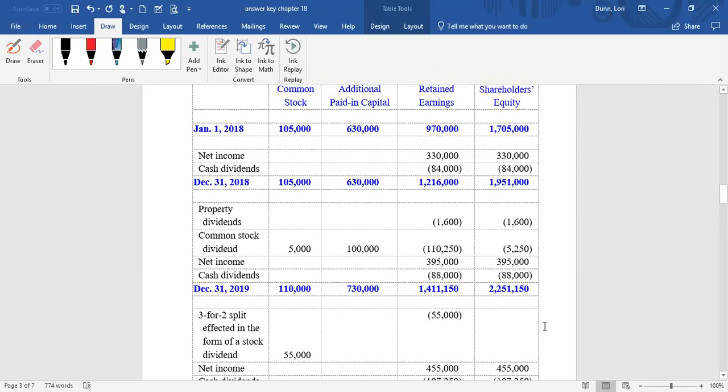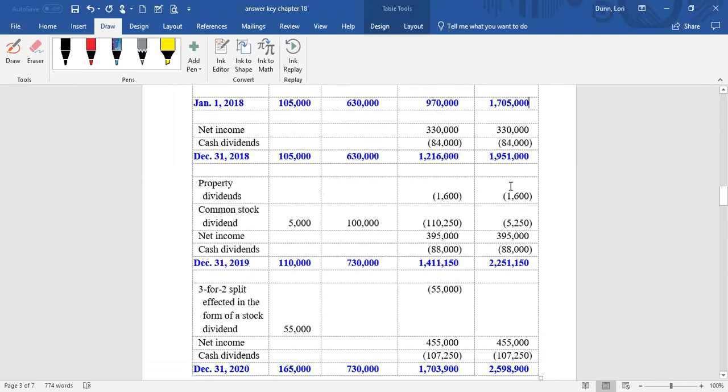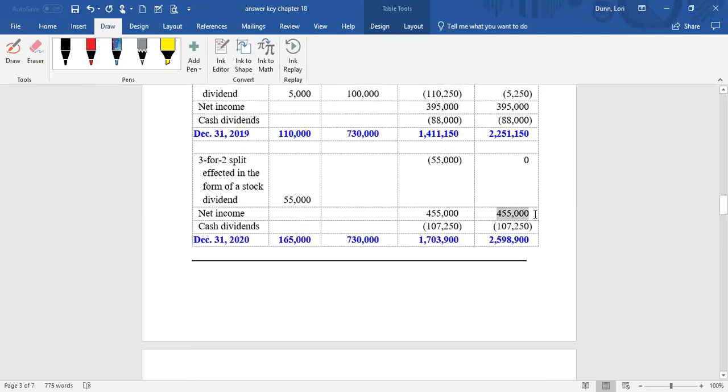Okay, so then if we get an overall, there's our total shareholders' equity where it started. We added net income, subtracted dividends, added net income. This balance is 0. Okay, that stock dividend has no effect on stockholders' equity overall. We added net income, subtracted this cash dividend.